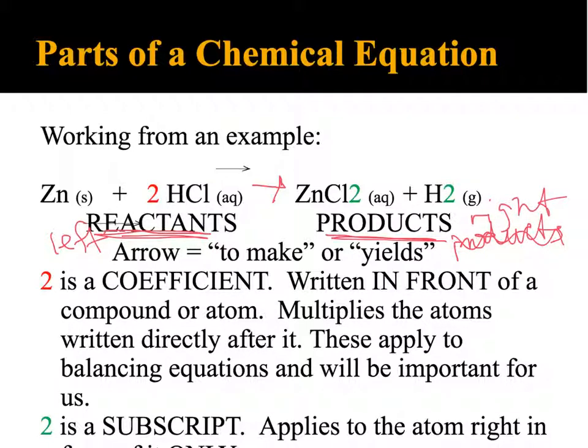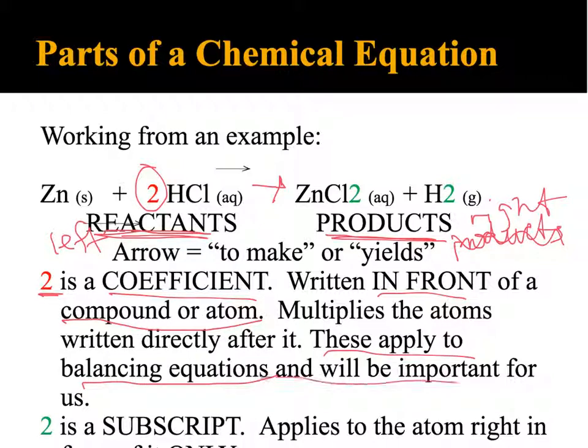In this equation, we see some color-coded numbers that I put in here. That 2 that I just circled is a coefficient, and coefficients are written in front of compounds or molecules or atoms, and they multiply the atoms written directly after it. And star this somehow, make it really stand out, because this is really important to us.